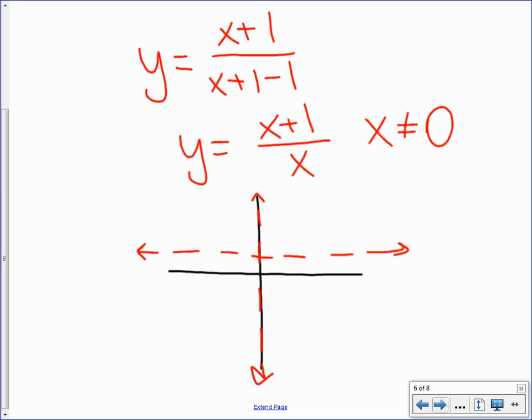Okay. Now, we've graphed these before. What is this curve going to look like? Trace it with your finger.